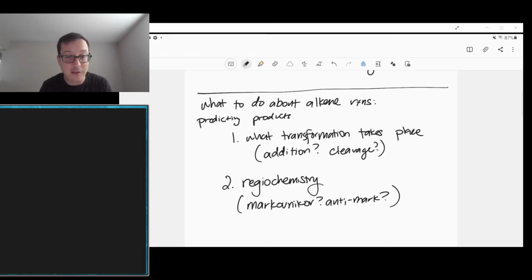We're going to end up with a Markovnikov hydroxy and an anti-Markovnikov halogen. So it's important that we understand which position within the alkene we're reacting, or if different things happen to different carbons, or something only happens to one carbon. So are we ending up with a Markovnikov addition or an anti-Markovnikov addition?